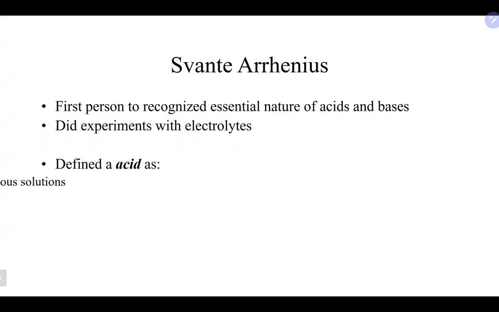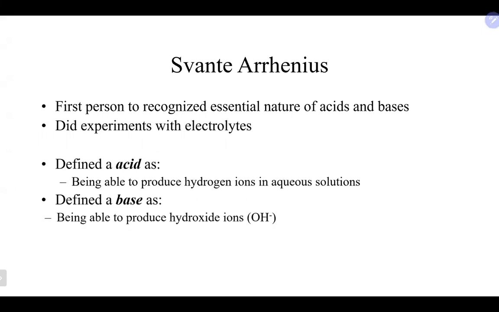Now, the early definition of acids and bases really came out with a guy named Arrhenius. He did a lot of work with electrolytes. We talked about electrolytes. Electrolytes are things that when they go into water will produce ions. So they'll break up and produce ions, and can also conduct electricity. If you remember, there were really two types of electrolytes.